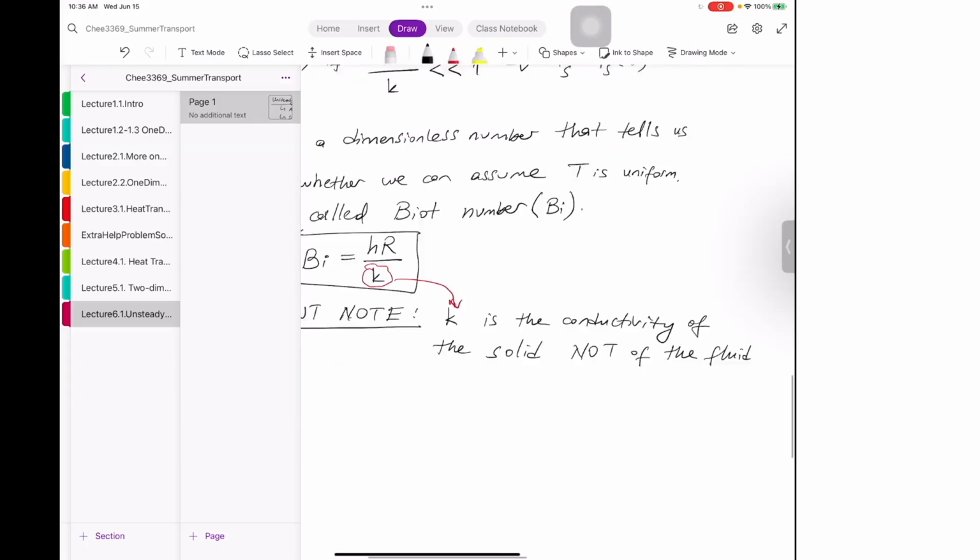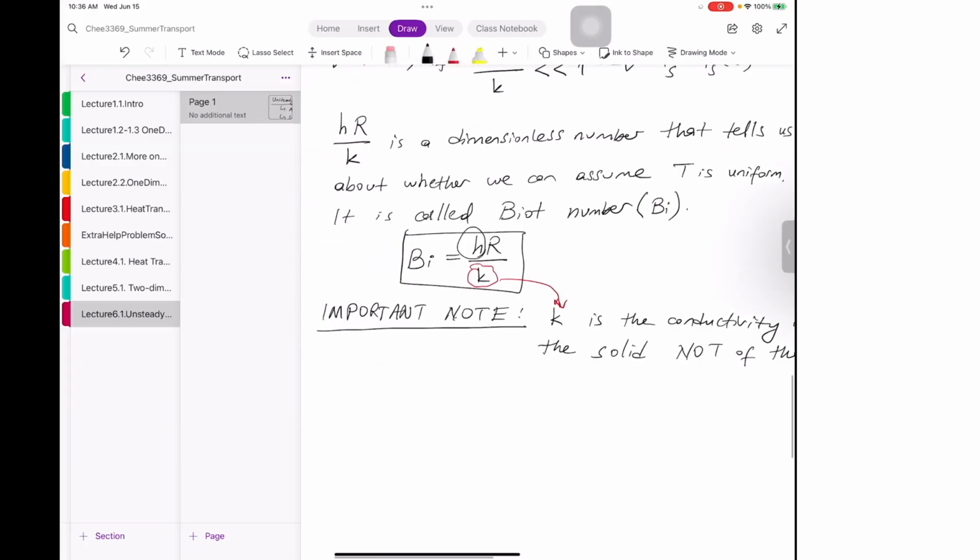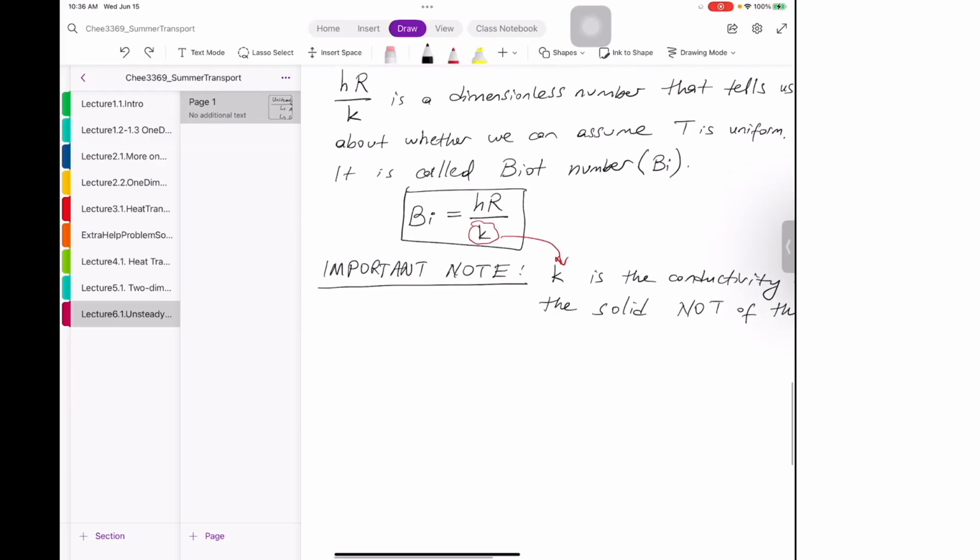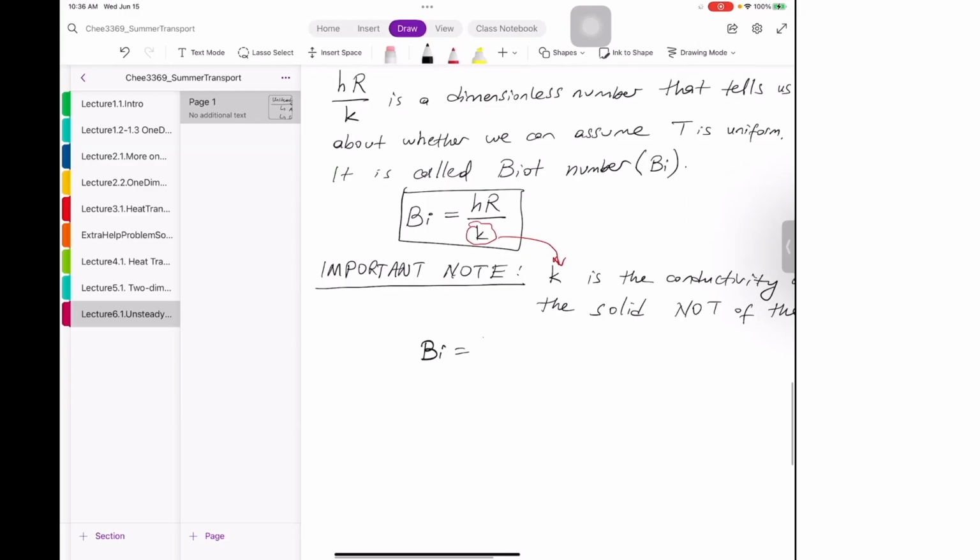Okay, that's very important. Although h relates to the fluid, the k is not related to the fluid. It's the conductivity in the solid. And sometimes we can write it as Bi equals hR over ks.